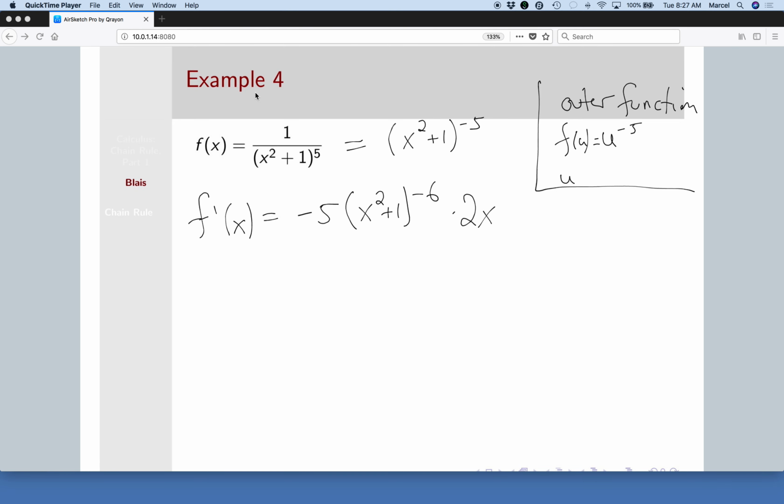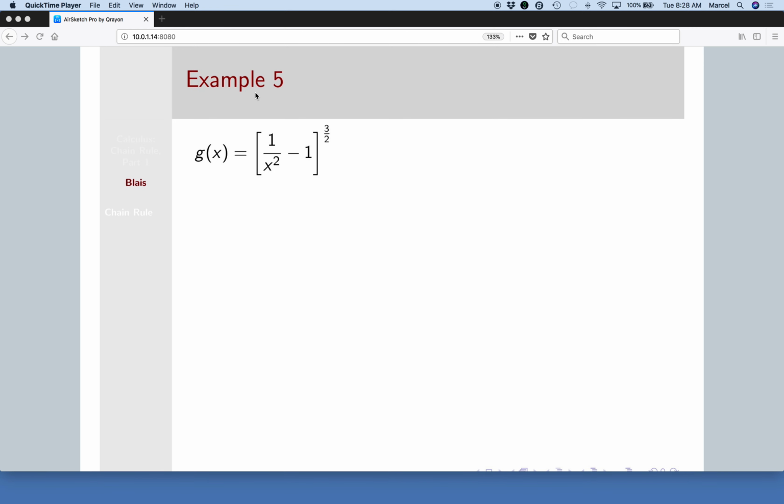So here we would be saying u equals x squared plus 1. You don't have to write this. I'm just trying to write this to make sure we're explicitly seeing what we're doing. Doing the kind of story version, derivative of the outside, leave the inside alone, times the derivative of the inside, is perfectly fine when you're actually just applying your chain rule.